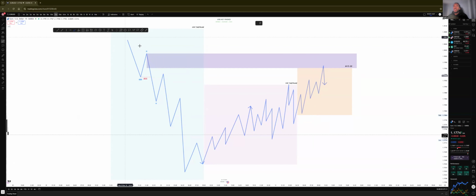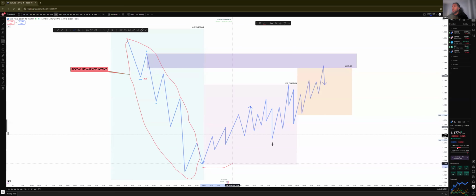And those of you who haven't seen day 1 and 2, when you see it and you review day 3, it'll make sense. This right here, we know as the reveal of market intent. We spoke on this reveal of market intent, the 4 phases of the market. Boom. We know now that this is phase 2. We know that this was phase 2.